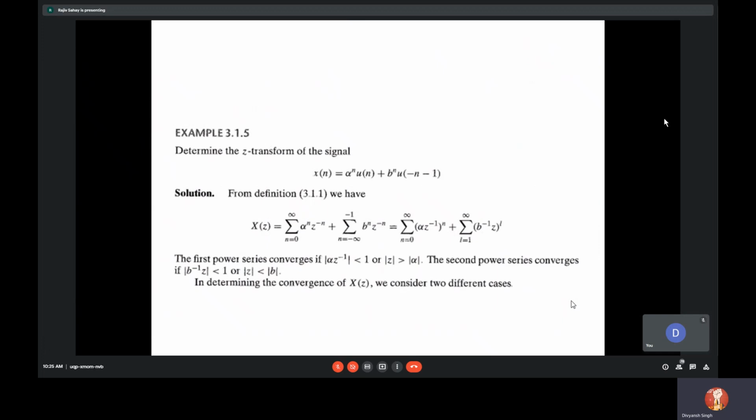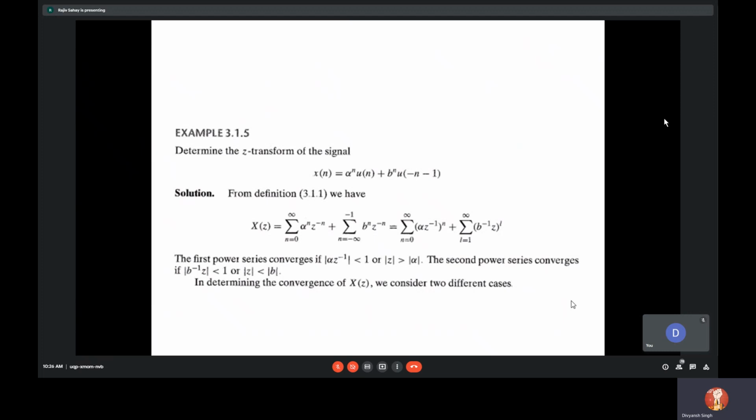Same fact covered here. So I'm explaining this fact in detail.